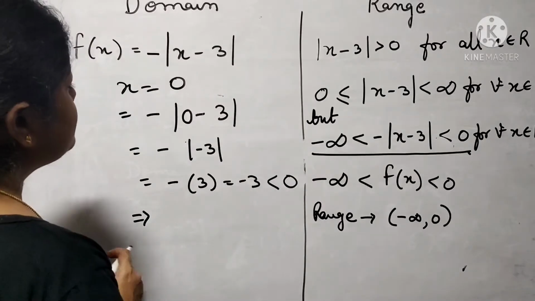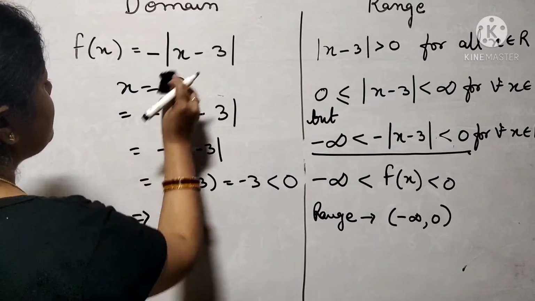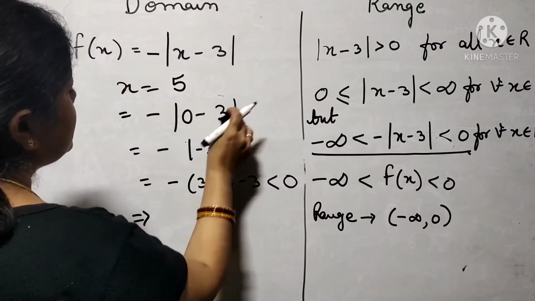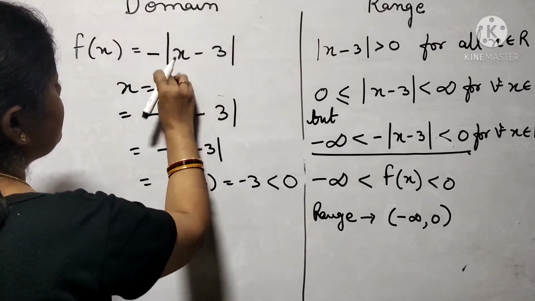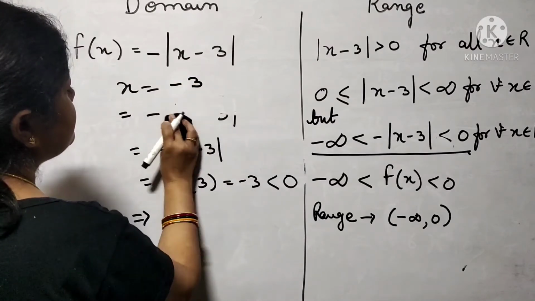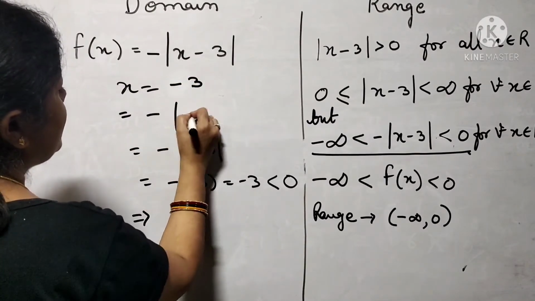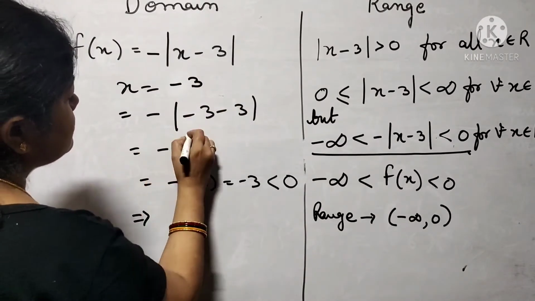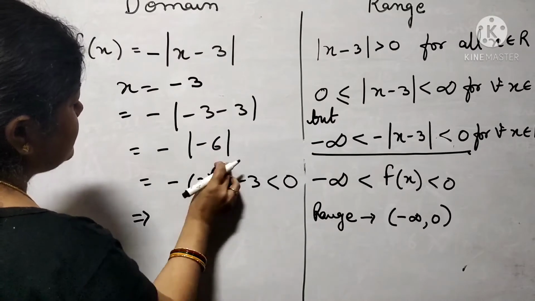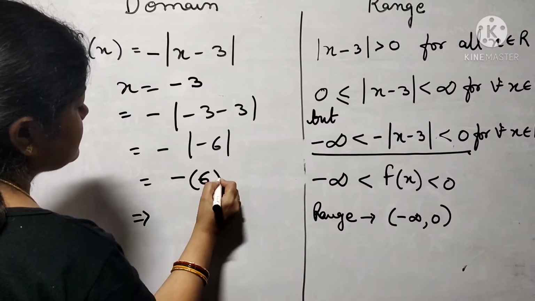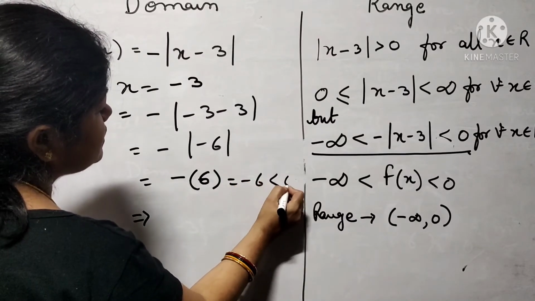For example, if we give the value of x as minus 3, then what we get? Minus modulus of minus 3 minus 3. Then what is the answer? Minus modulus of minus 6, which is minus 6, which is less than 0.